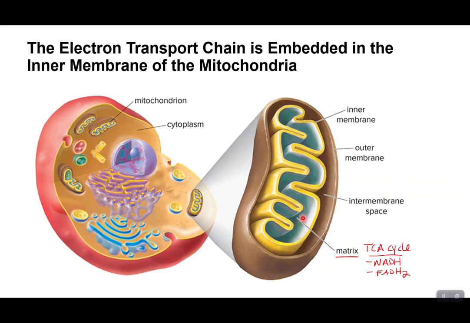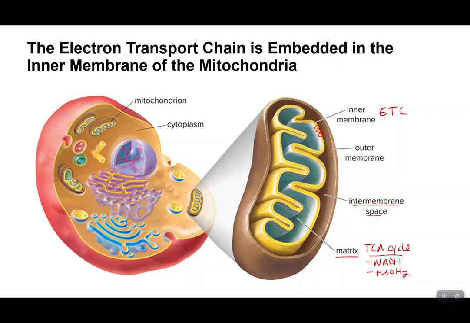Now, the electron transport chain is going to be embedded in this inner membrane here. So this is where the electron transport chain is located. What I mean by embedded is that the enzymes that compose the electron transport chain, which we're going to look more closely at in the next slide, are going to be embedded in this membrane so that some portion of the enzyme accesses the matrix and the other portion accesses the intermembrane space.